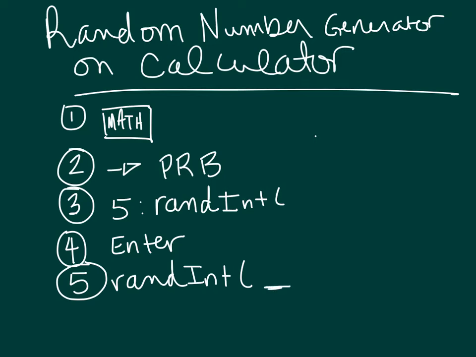Here you need to enter your lowest integer, then a comma, then your high integer, your upper boundary, another comma, and then you need to state your n. How many random numbers do you want it to give you?